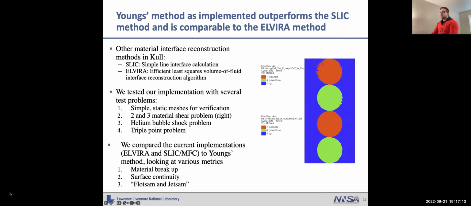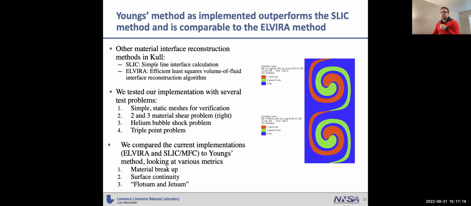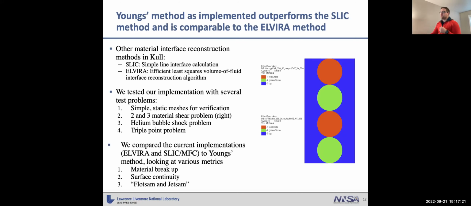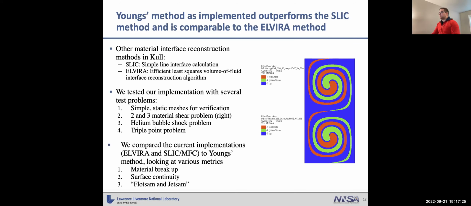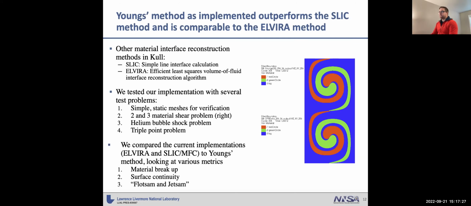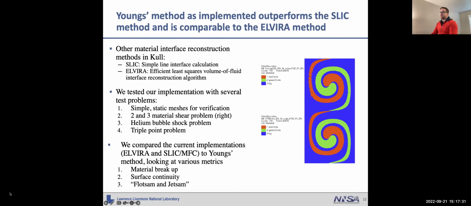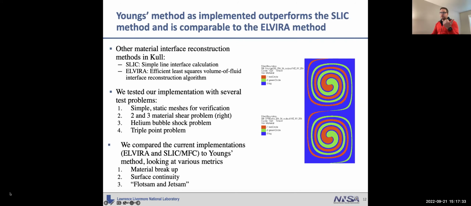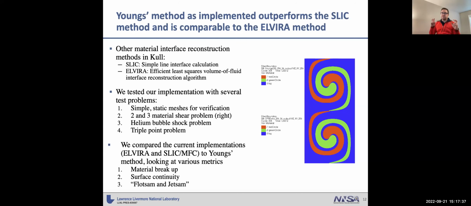So we tested this implementation with lots of different hydro test problems. We did a simple static mesh, 2 and 3 material shear, which is what's being shown on the right. We did a helium bubble shock and a triple point problem, and we'll look at what each of those looks like in just a second. But for each of these test problems, we would look at various metrics like material breakup, surface continuity, and what is called flotsam and jetsam.